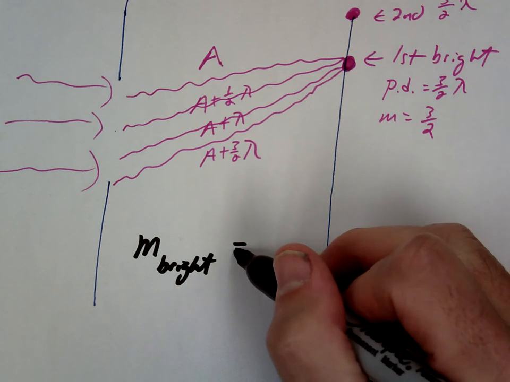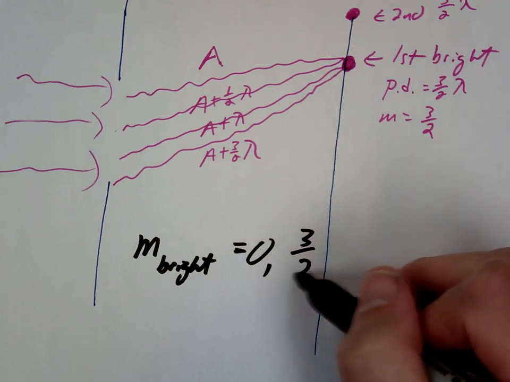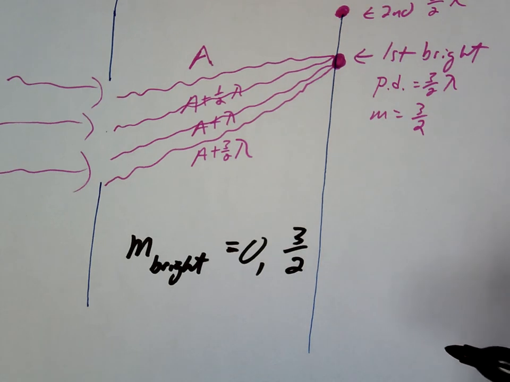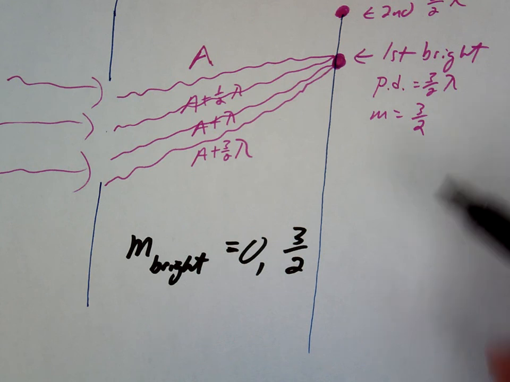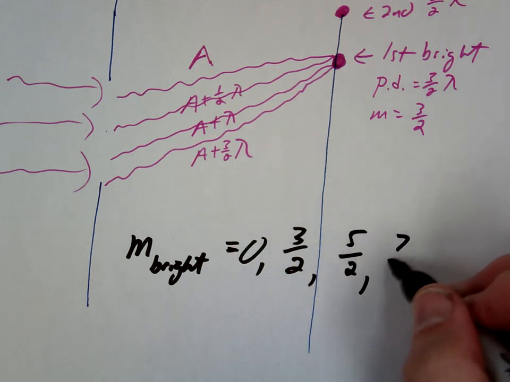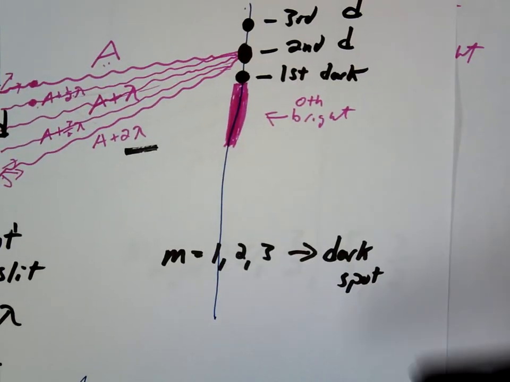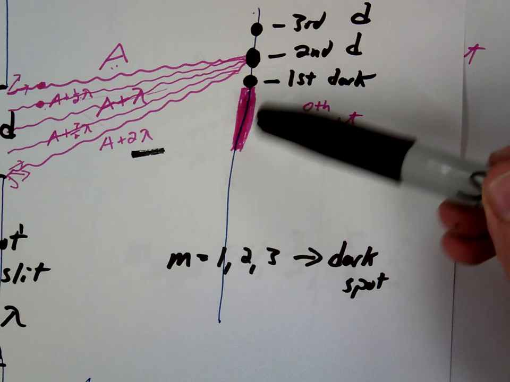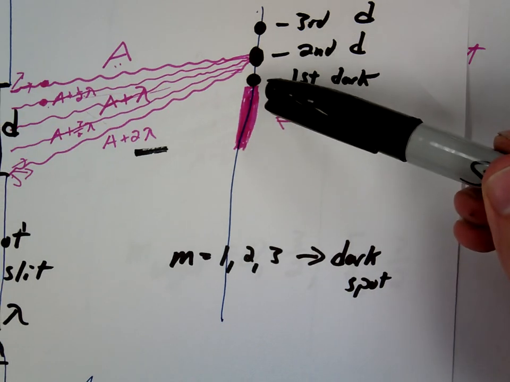Where does the first bright spot occur then? 3 halves, good. So this is what always gets people, because what do you want to think it's going to be? 1 half, okay? But the first one happens at 3 halves. One way to think about why 1 half is impossible is to go back to your picture: the first bright spot doesn't end until the path difference is 1 whole wavelength.